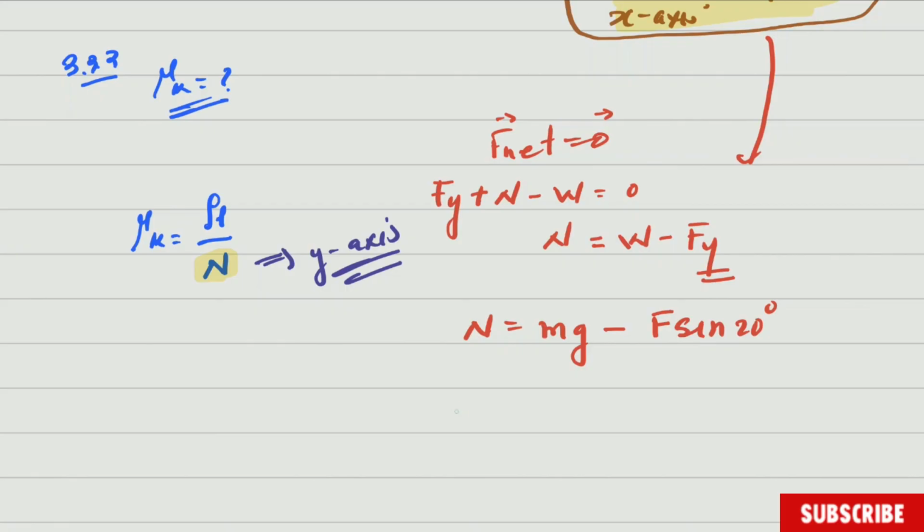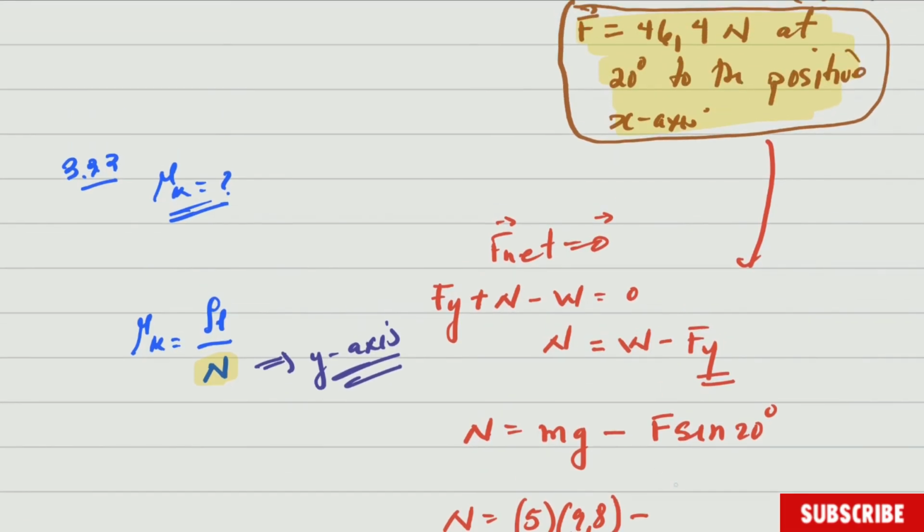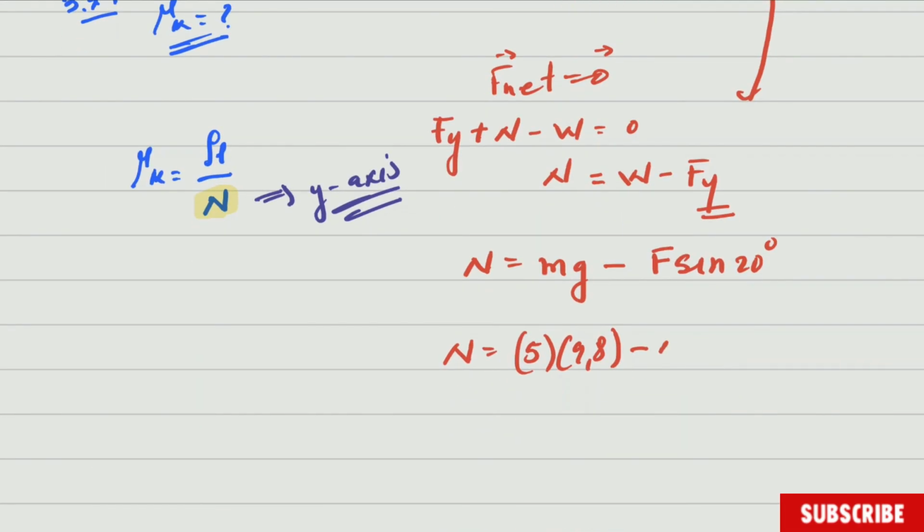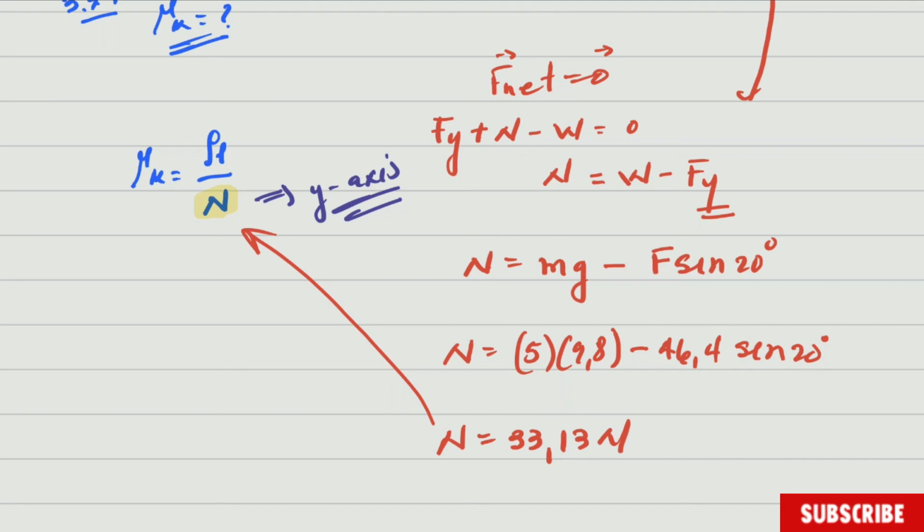So the rest is just substituting for normal. This one is a 5, this 9,8 minus the force, which is what we got here, 46,4, multiplied by the sine of 20 degrees. So normal force is equal to 33,13 Newton, and now we can substitute in that formula there.